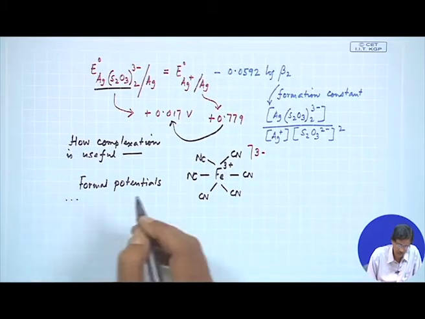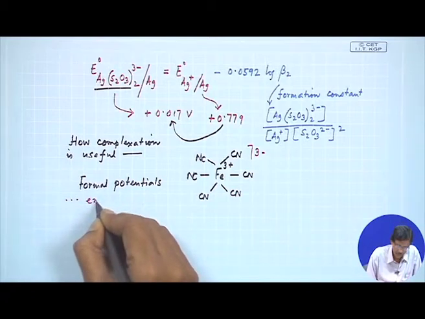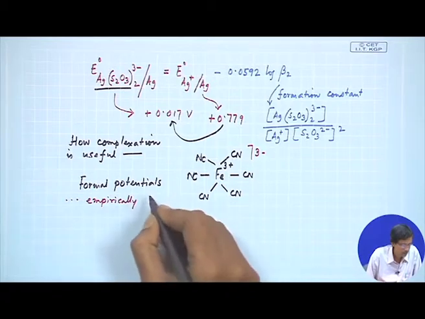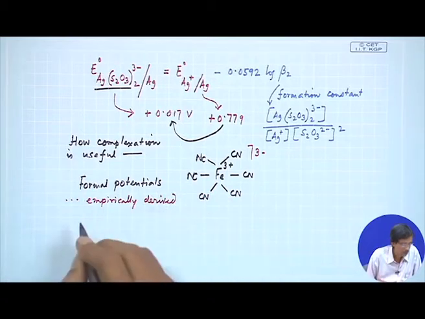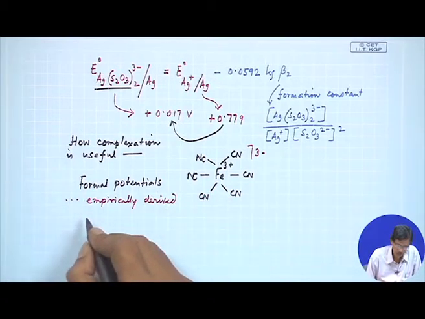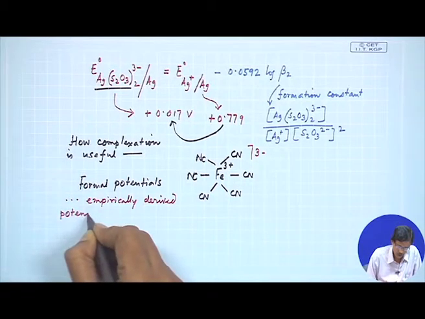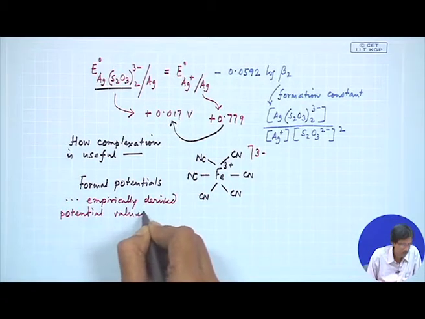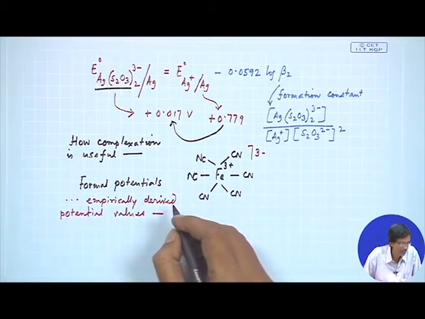So, how do we define this formal potential? These are empirically derived potential values, which compensate for the types of activity and the equilibrium effect.